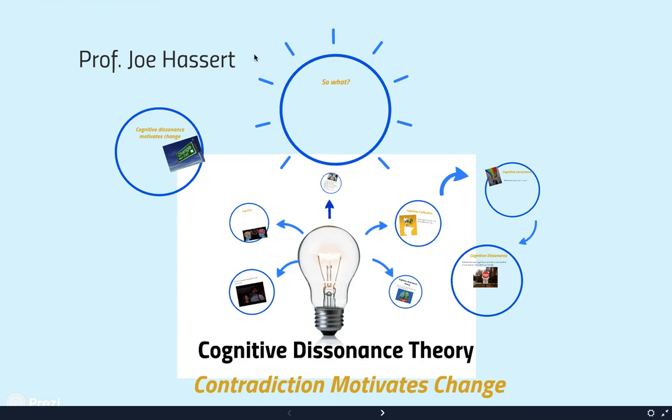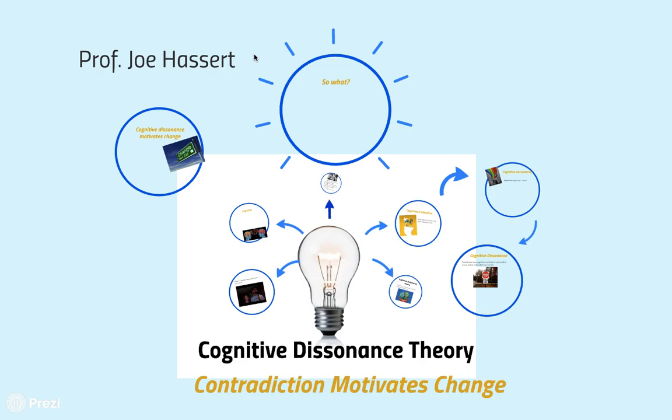Welcome back. Let's go ahead and get started on this lecture on cognitive dissonance theory. Humans desire harmony, harmony in our environments, harmony in our relationships, and harmony, probably most of all, in our own minds.